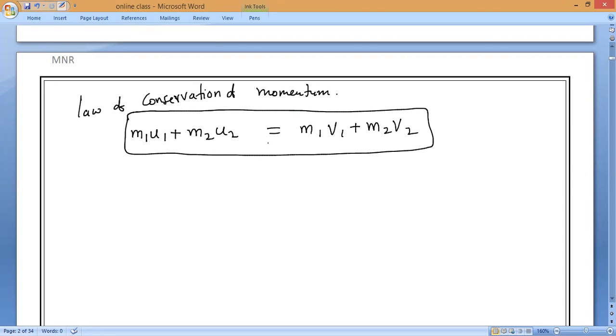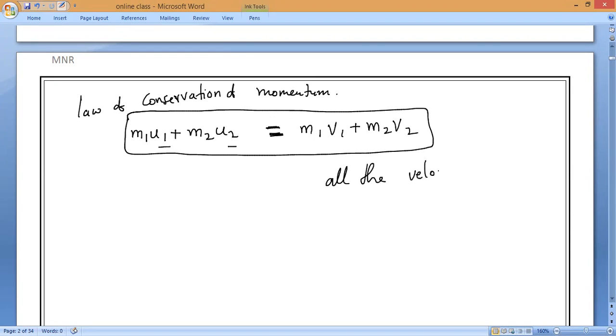Keep it in mind, for every case we can use the same formula. Mass will never be negative, but velocities will be negative when the bodies are moving in opposite directions.